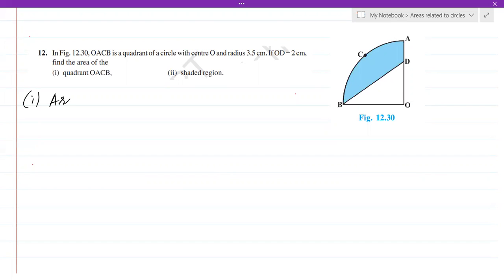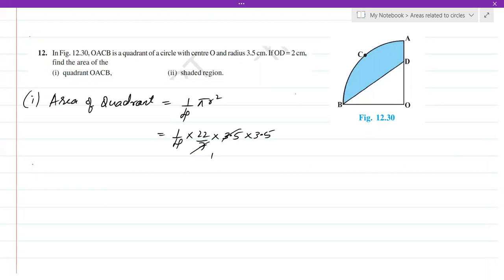Let's find that. Area of quadrant is equal to 1 by 4 pi r square. So 1 by 4, pi value is 22 by 7, and the radius of the quadrant is given as 3.5. So it becomes 3.5 into 3.5. So let's cancel 7 ones are 7, 0.5s are.